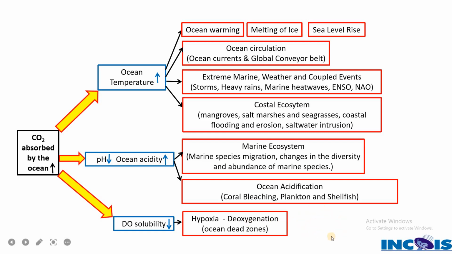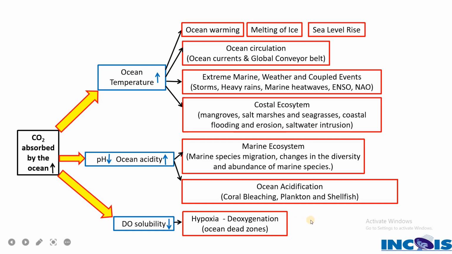When the oxygen concentration in the seawater is very low or reducing, no marine species can sustain, because marine animals cannot sustain without oxygen. As the ocean's dissolved oxygen reduces, you can see ocean dead zones. That's why we name this phenomenon deoxygenation.